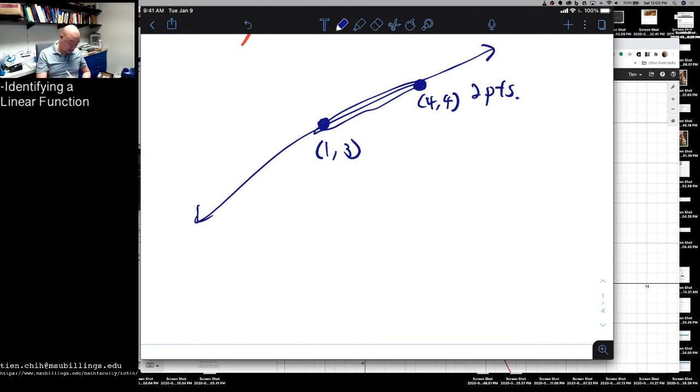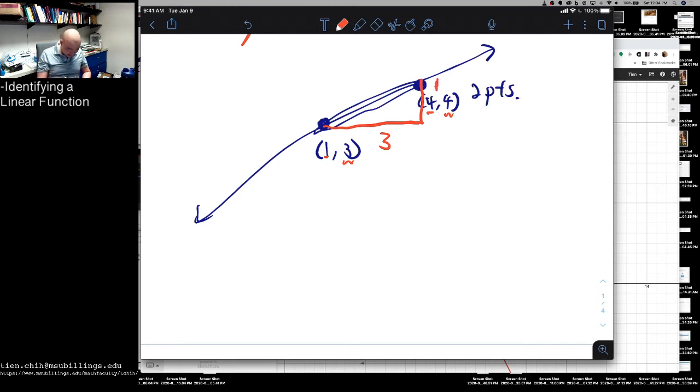Now, when I look at this, I notice that my x values go from 1 to 4, so that's a delta x, or a change of 3, right? In that same time, my y values go from 3 to 4, so that's a delta y change of 1.